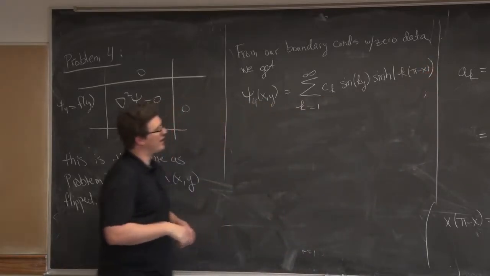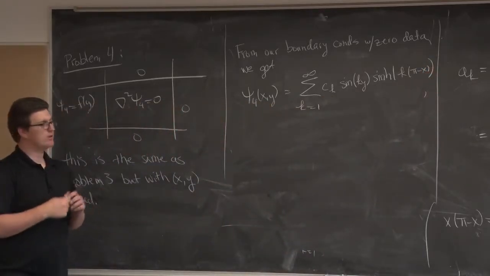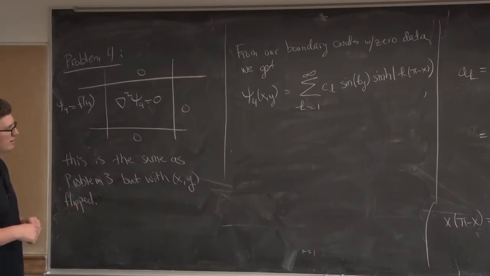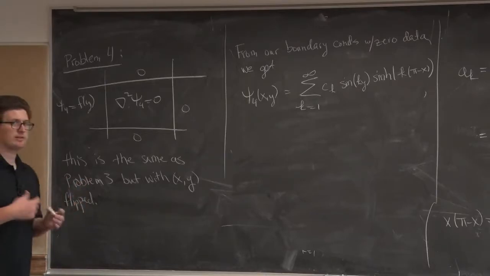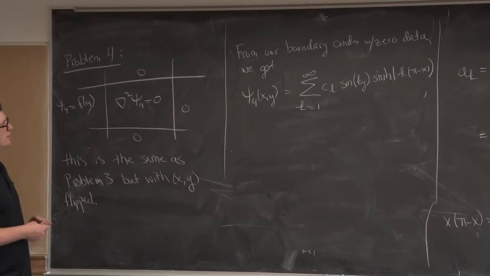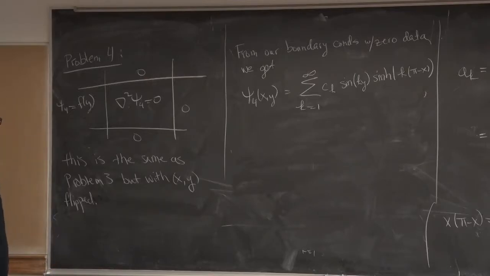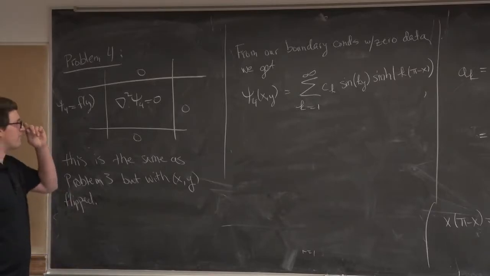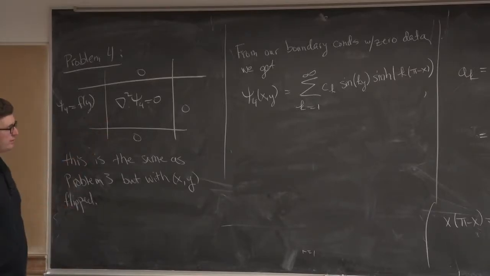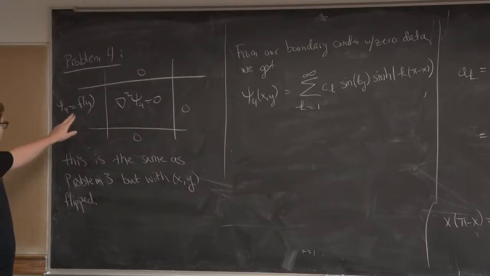Okay, so we would do an x tilde here, where x tilde is pi minus x, and then we would do the change of variables for the Laplacian, show that it's still a Laplacian in the new coordinates, and show that it would switch the data from here to here. So we would have something exactly like, I forget, maybe this was problem 2, except with this change of variables for x.